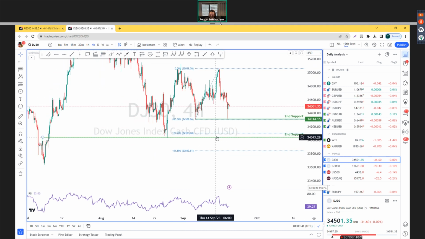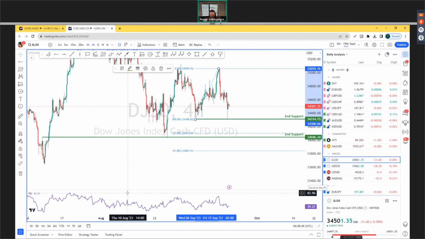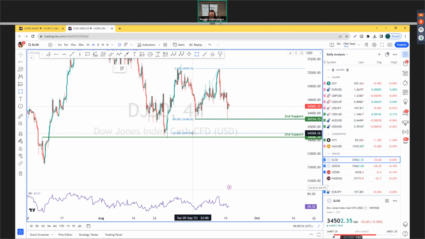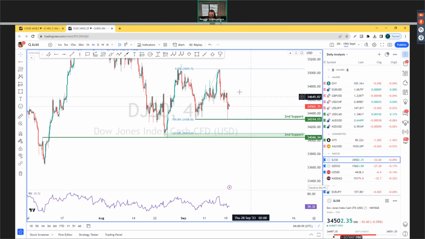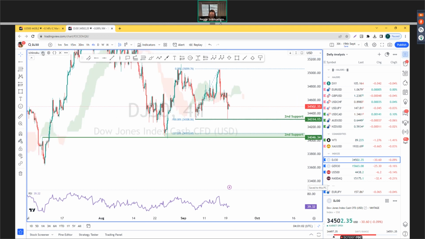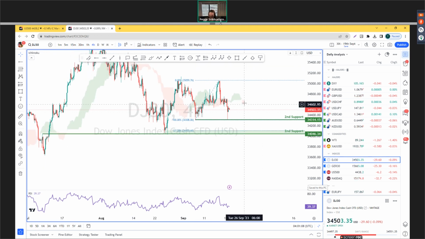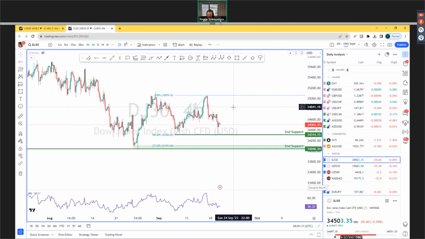What you can see here is the second level, second support, where we do have an extension. From here, the price's potential is to come down. We use the Ichimoku cloud, you can see the red coming up, and then where is our resistance? I try to find the level.